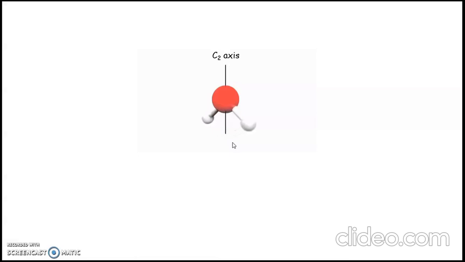In a complete revolution, 2 times the molecule can present its identical aspect to an observer. Hence we can say the molecule possesses a C2 axis of symmetry. This molecule has only this rotational symmetry axis, and so we refer the molecular vibrations to this axis.